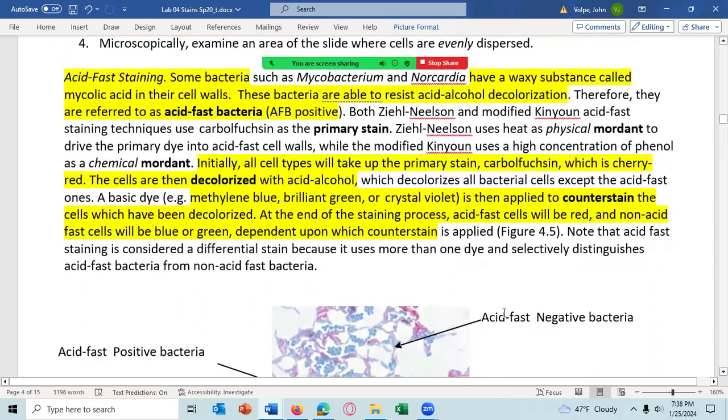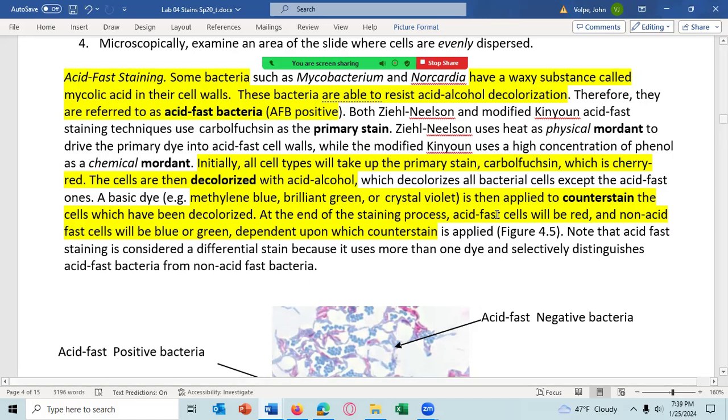Initially, when you're applying the acid-fast stain, the primary stain, the first stain you're applying, all the cells will take up this primary stain. And its name is actually carbol fuchsin. It's a cherry red color.